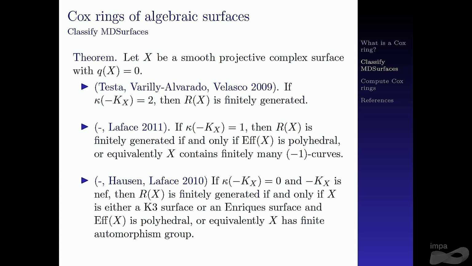Well, if the invariant is 0, we have only partial results when the anticanonical class is nef. We prove that the Cox ring is finitely generated in this case if and only if the surface is either a K3 surface or an Enriques surface, and the effective cone again is polyhedral, or equivalently if the automorphism group of the surface is finite.